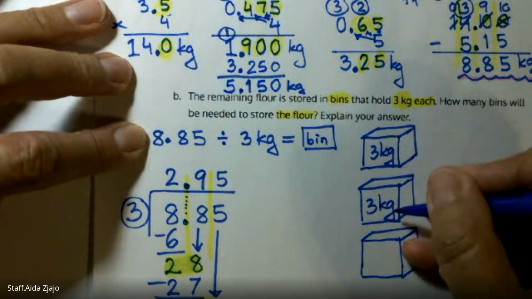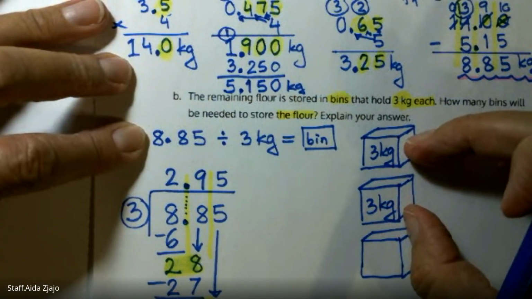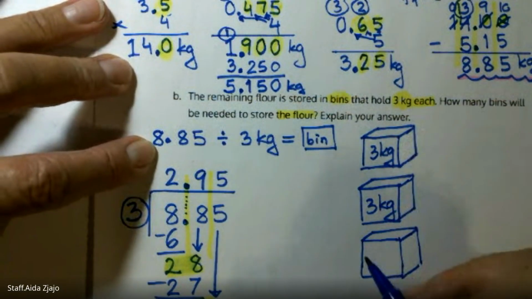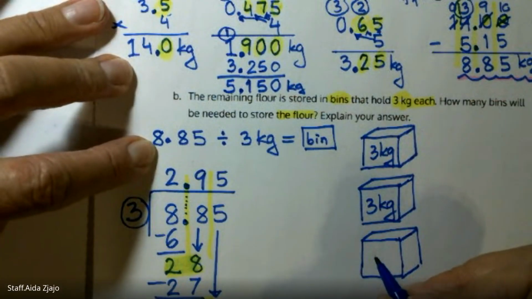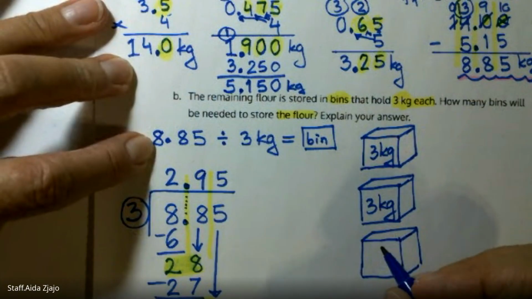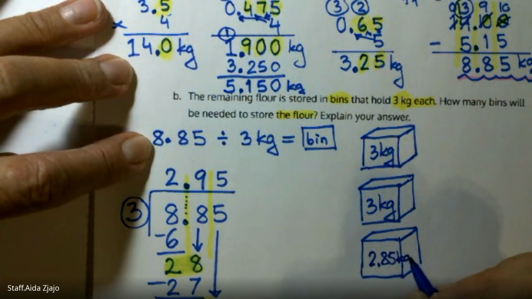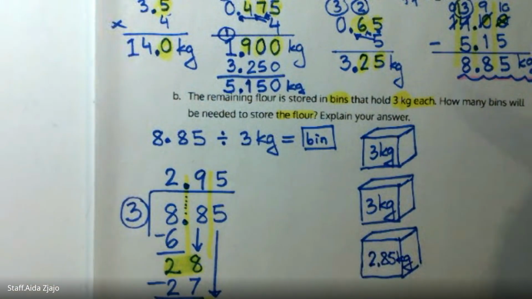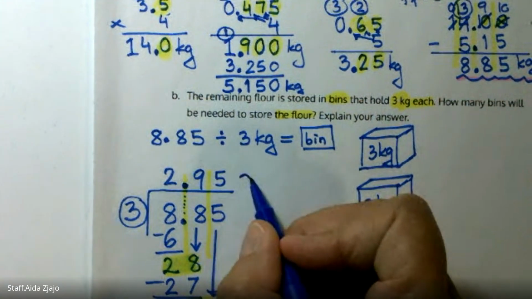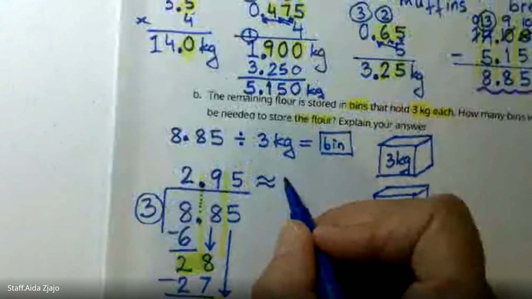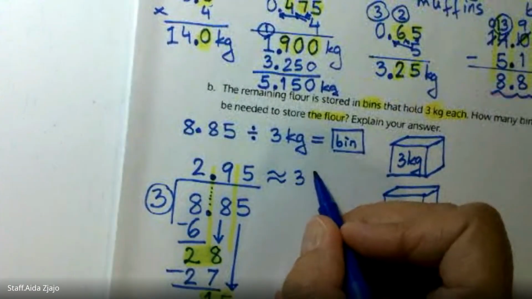So that means these two will hold 6 kilograms, and here will be 8 minus 6 is 2 and 85 hundredths kilograms. It will not be full. So what that means is about 3 bins. 3 bins needed.